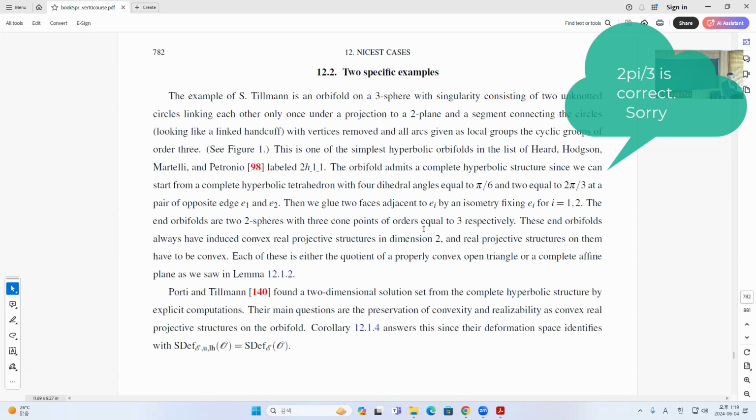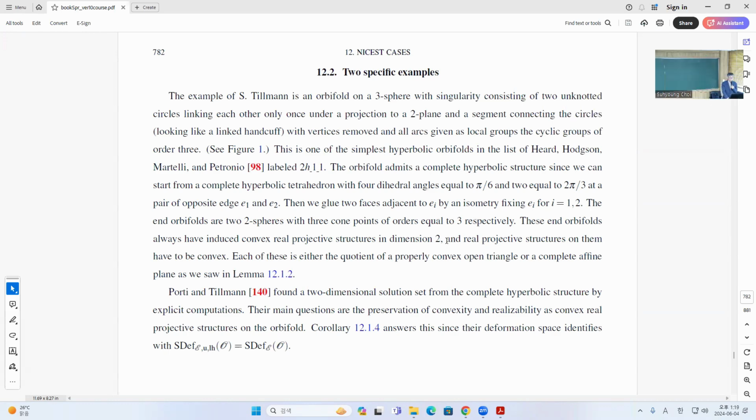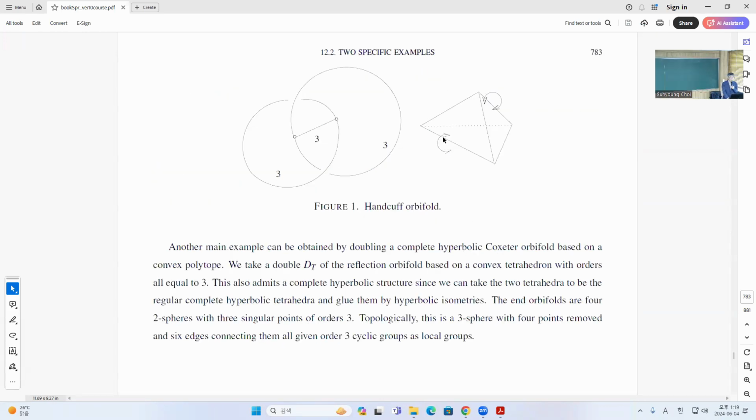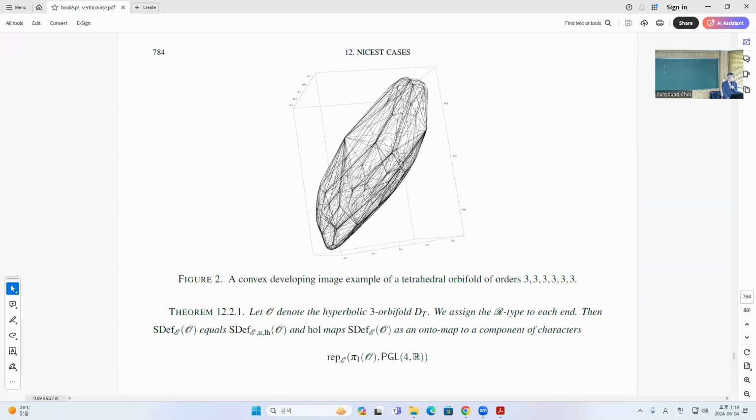Then there's a way to glue these two adjacent faces by an isometry, because if you draw this triangle, then you see these two pairs are isometric, so you can glue by a hyperbolic isometry.